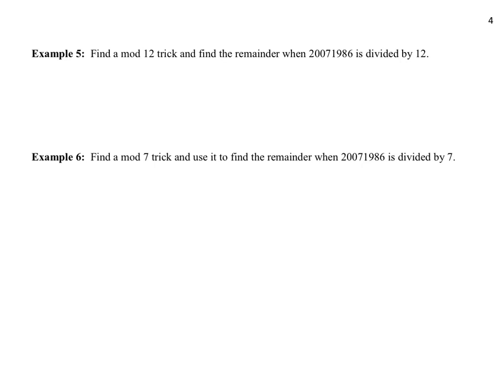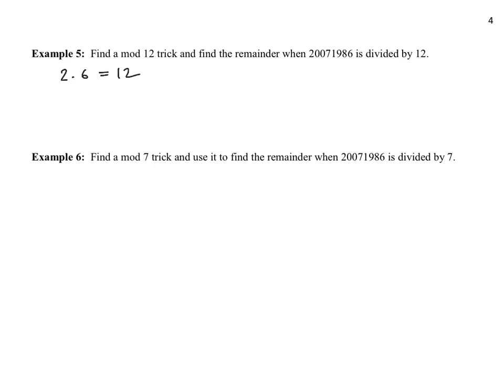Because we have mod 12, we want to think about two numbers that multiply together to give us 12. So you might say, okay, 2 times 6 gives me 12.